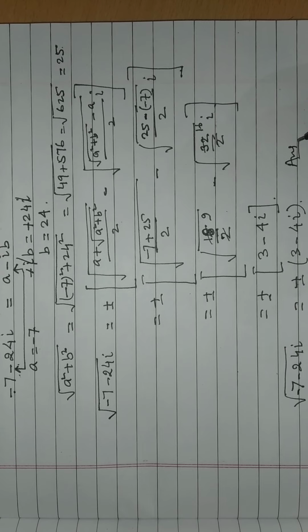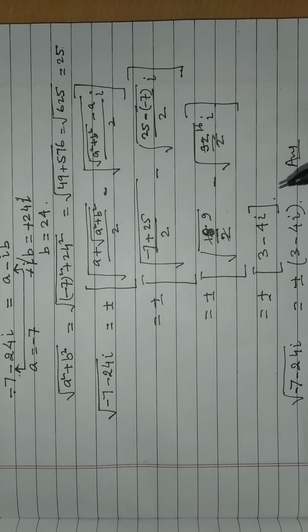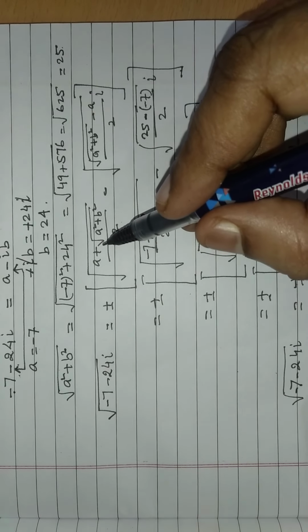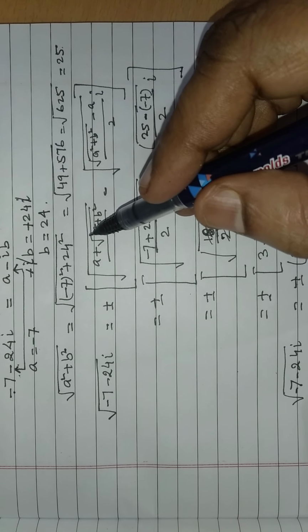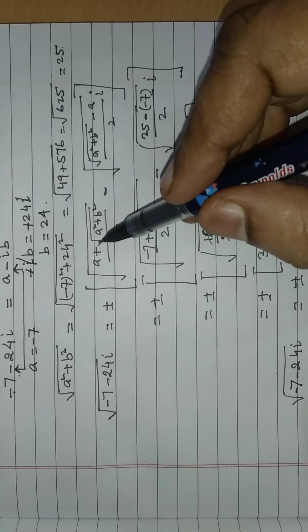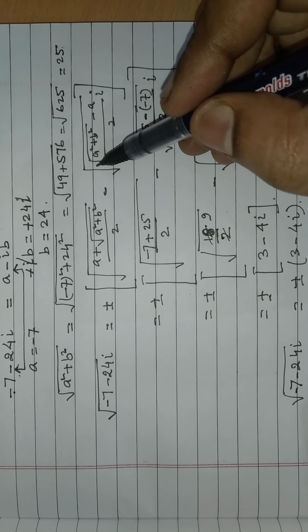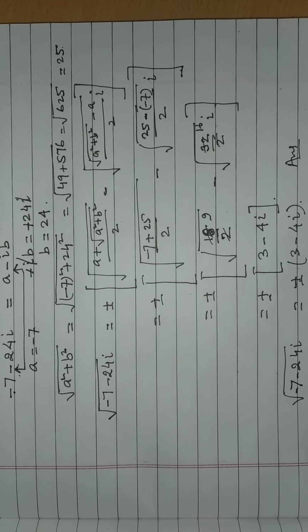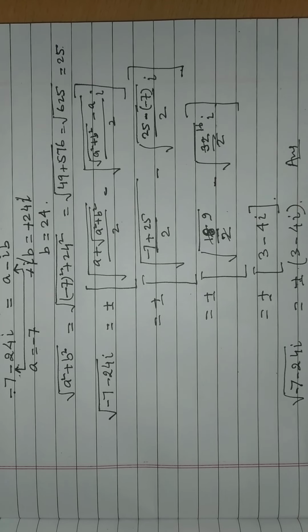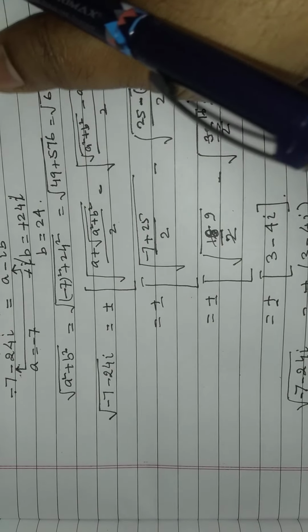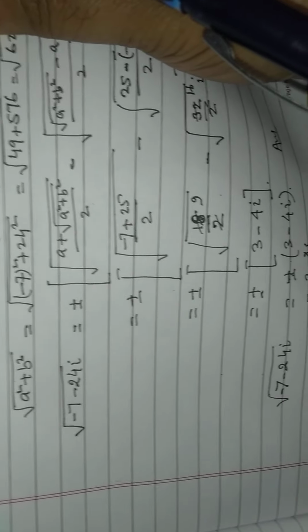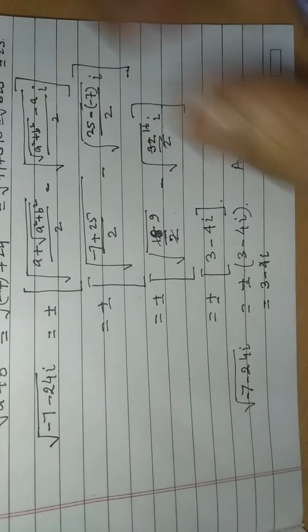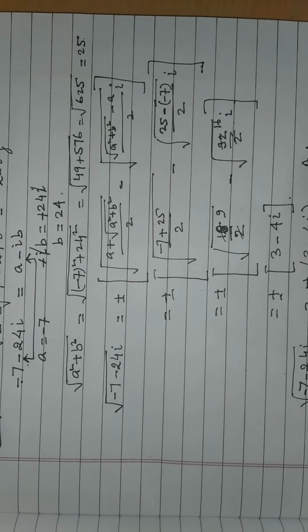I think it is very clear to you. In the question, the plus minus sign is there, so you will get 2 values.